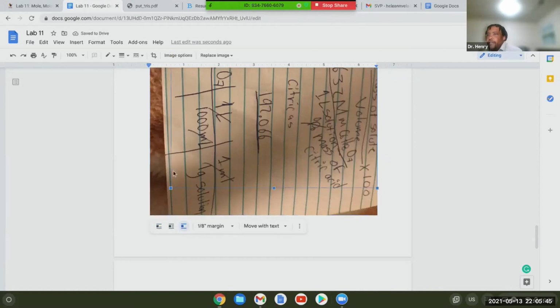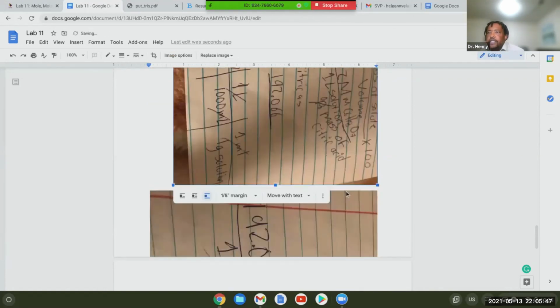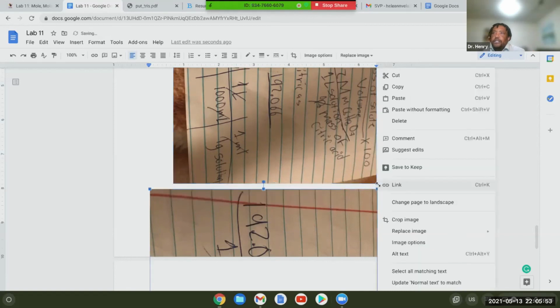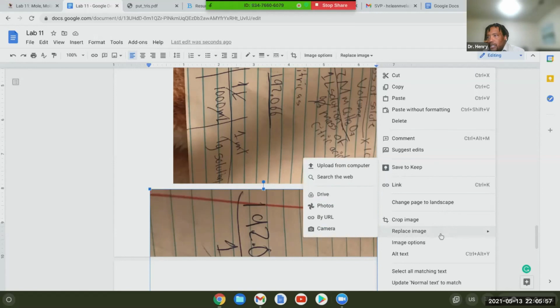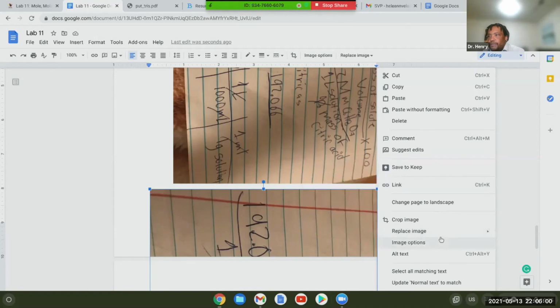That changes the size, but if you click on the corner, I think you can flip the image. You can turn it. You go to image options.